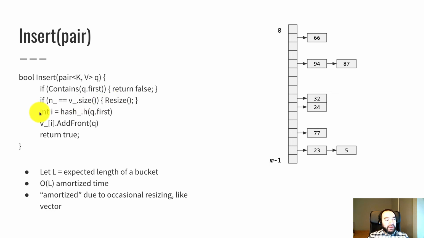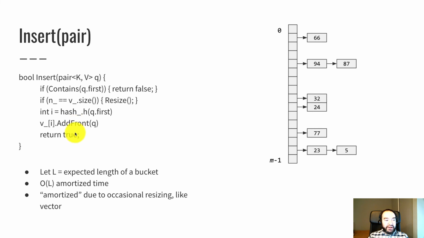And then after this statement, we know that the array is big enough, and we calculate the index to use as usual. And at this point, we know that the key is not in that linked list, so we actually don't need to loop through it. We can just add the pair q to the front of v of i. And it's a singly linked list, so adding to the front is constant time.